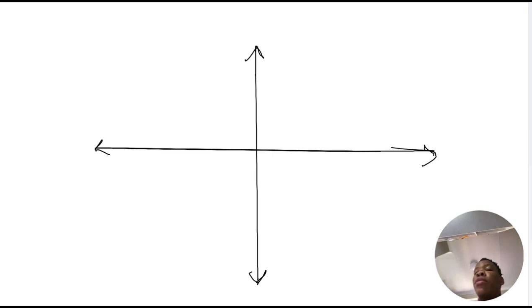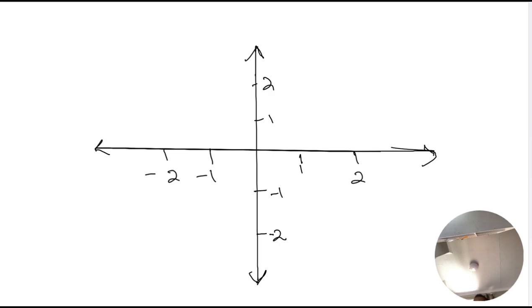We'll have a point here. 1, 2. -1, -2. So now we'll plug in our coordinates. We have 0 and 1. Then another coordinate is 1 and 0. So it must be somewhere here.